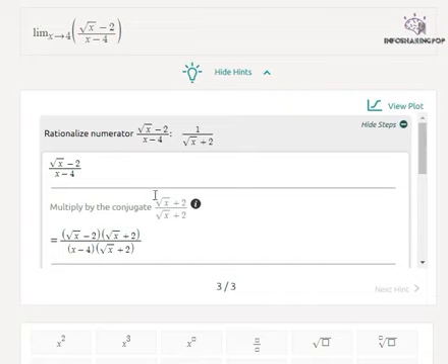If you want to multiply by anything, it could be 2 divided by 2, 3 divided by 3, 100 divided by 100. Everything gives you the same value, which is 1. So to make good use of this, it's better we multiply with its own conjugate, and that might transform the function into something more processable.